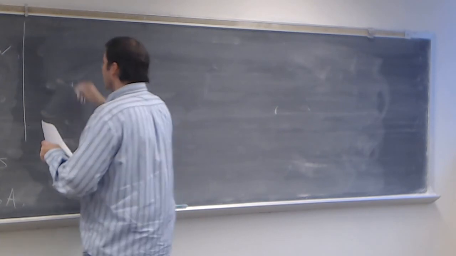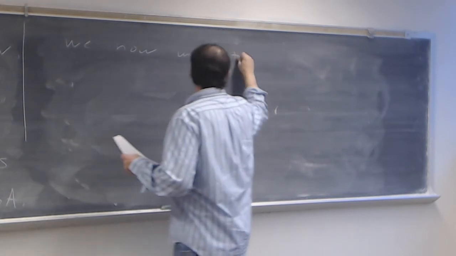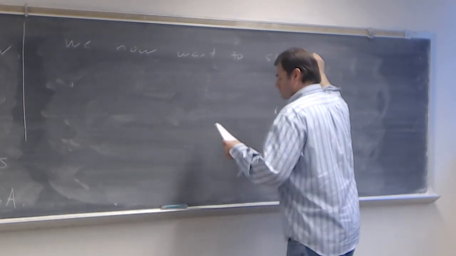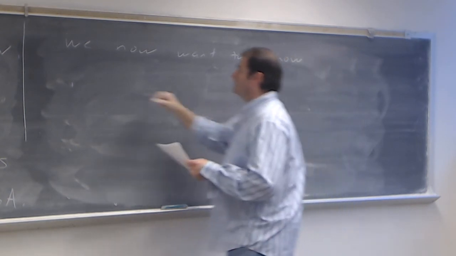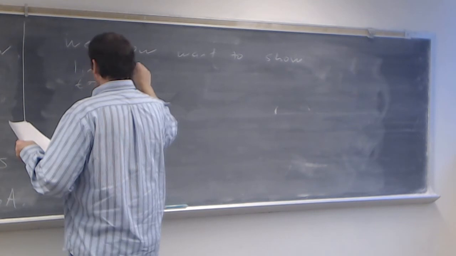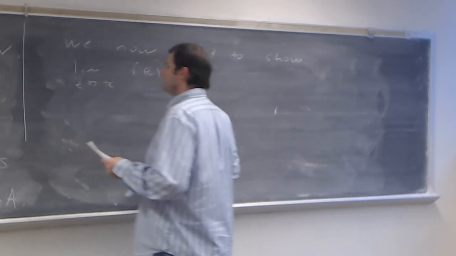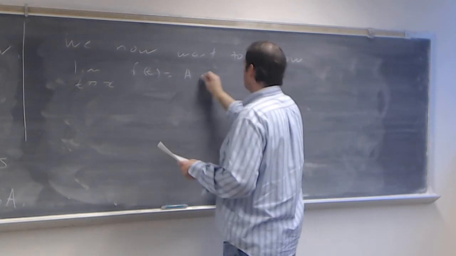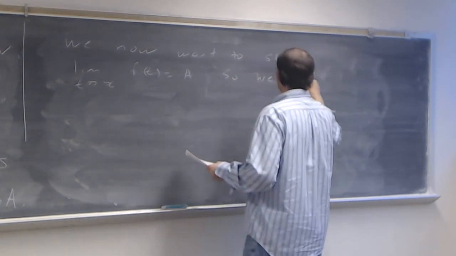Okay, we now want to show that the limit as t goes to x of f of t equals A. So to show this limit, we're going to use the definition.